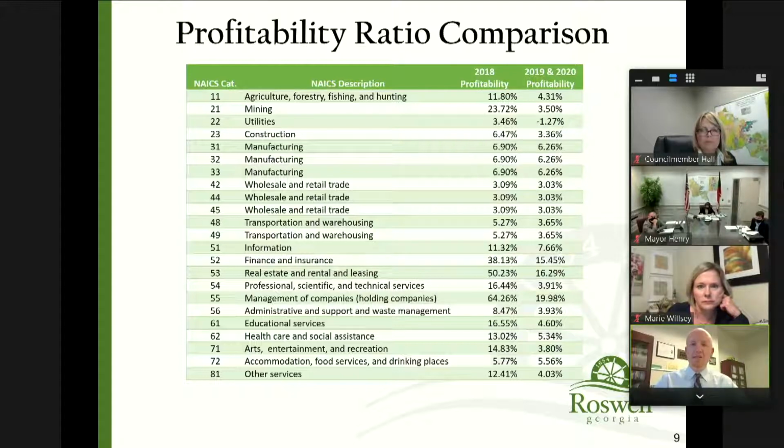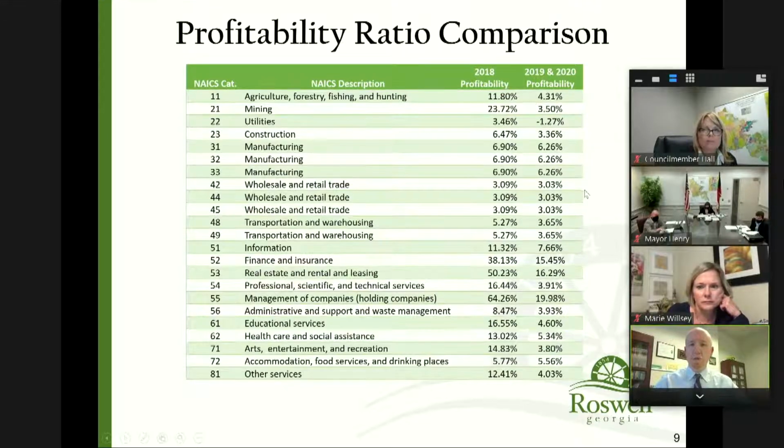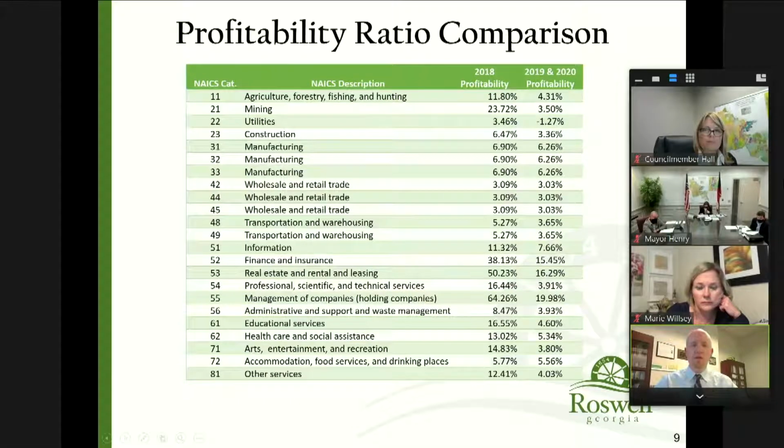As you can see, they did change quite a bit. Some of them not so much, but others were a little more dramatic, especially when you see, for instance, finance and insurance, real estate, rental and leasing, management of companies or holding companies. Those were some major changes.